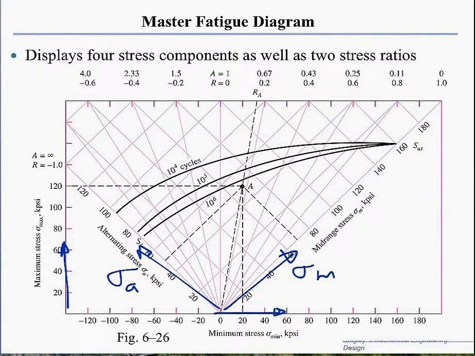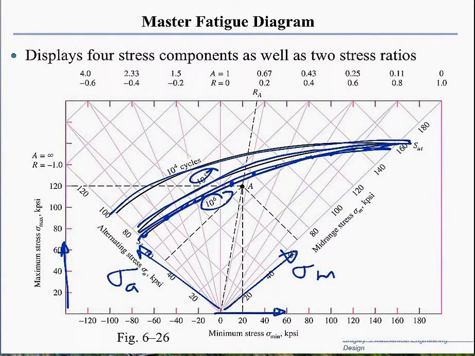Okay, so if we have the two of them together, then the experimental data can be plotted such that we have to design inside this curve, and this is for 10 to the 6 cycles, inside that curve for 10 to the 5, and then 10 to the 4 and so on.